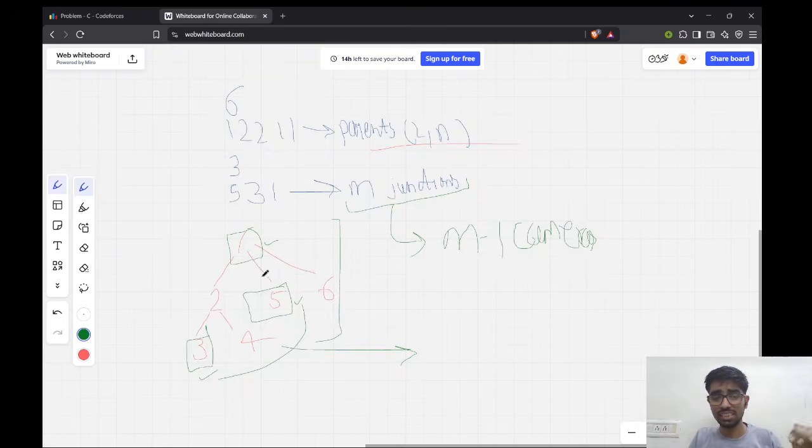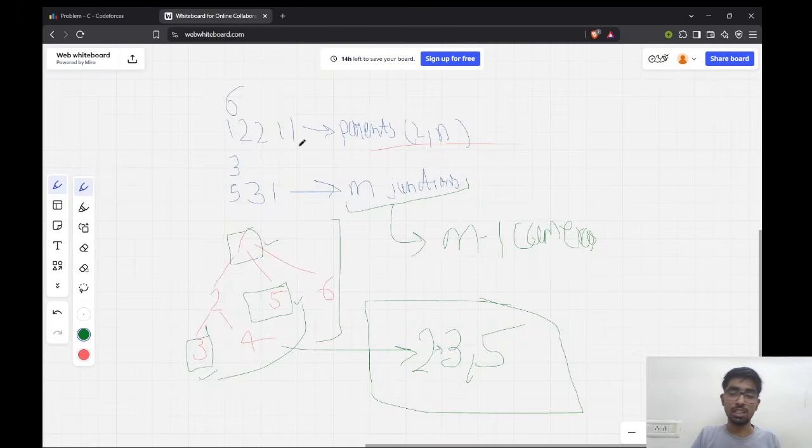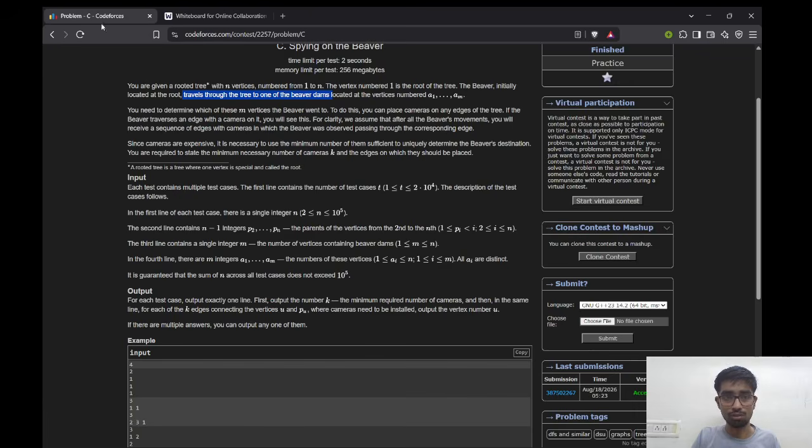So it is always optimal to apply the cameras on the nodes which have the higher values. So for this case, the answer would be 3 and 5. Two cameras that you will apply, on nodes 3 and 5. Done and dusted. That was the overall problem that you needed to solve.